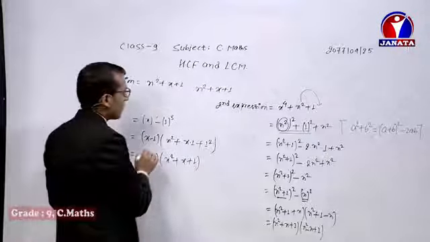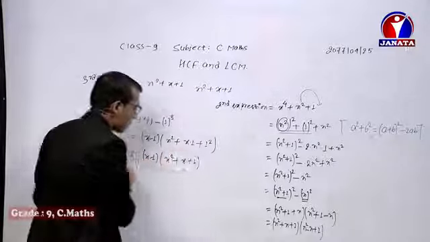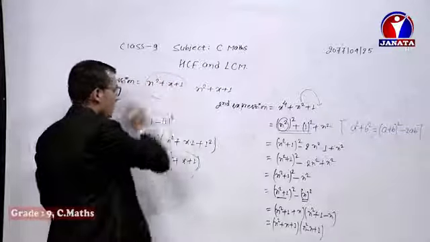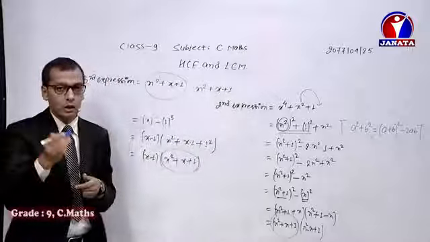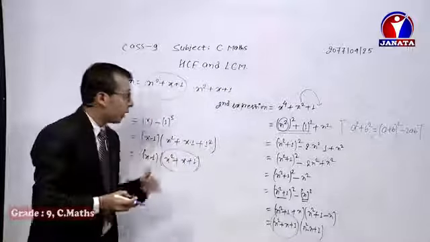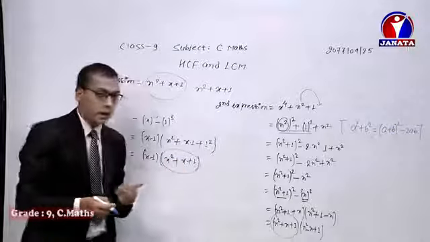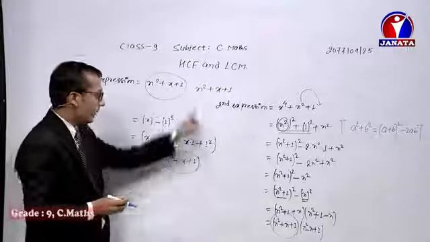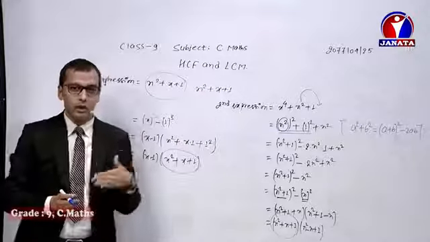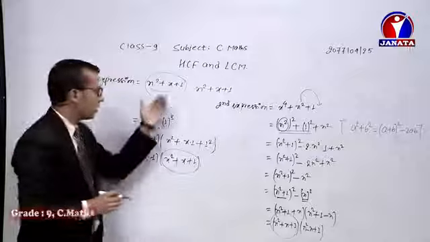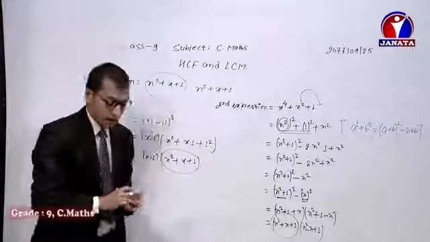What are the common factors from all three expressions? One is x² + x + 1, x² + x + 1, x² + x + 1. So from all these three expressions, one factor x² + x + 1 is common. In the third expression, we have x² + x + 1, we don't need to factorize this. It's common from all the expressions, and we cannot factorize this.